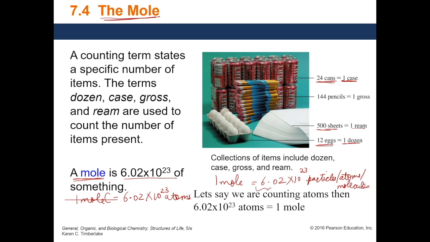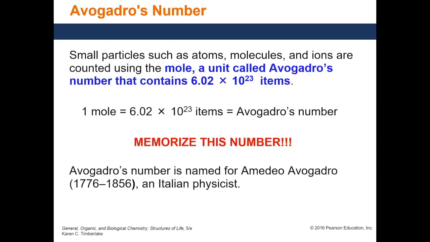This number right here is called Avogadro's number. 1 mole of any chemical compound consists of 6.02 times 10 raised to power 23 particles, atoms, or molecules. You need to memorize this number.